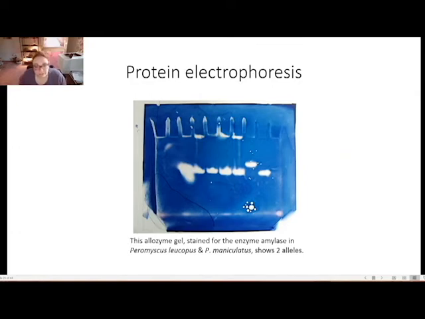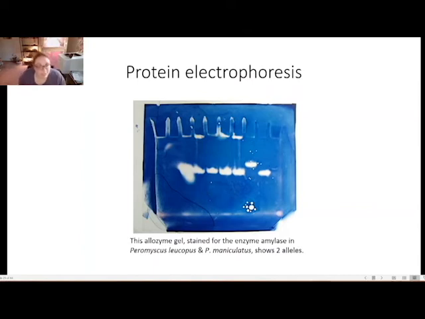Comparisons of electrophoresis patterns are made among many individuals, and the gels are scored based on the presence or absence of a particular band. They'll know where the band that they're looking for is, and if it's there, that will tell them what they're looking at. If it's not there, then they know it's something else.